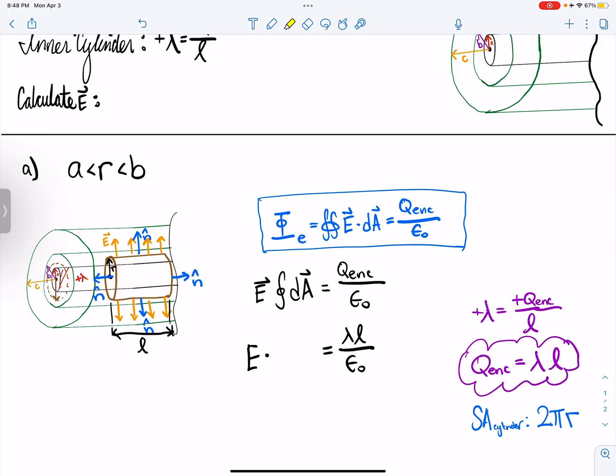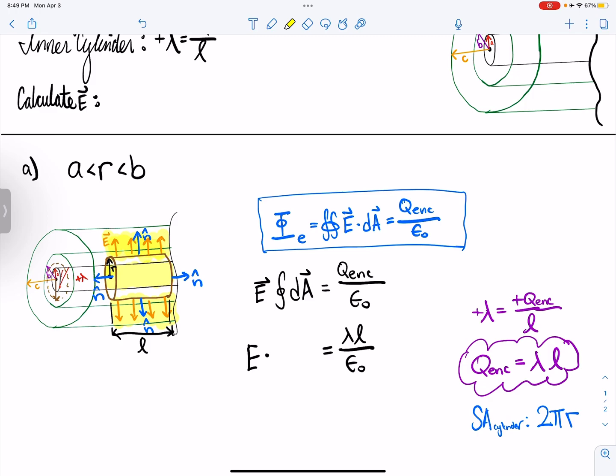As you can see, there's an electric field here and here from the cylinder, because of the positive lambda charge of the inner cylinder that this Gaussian surface encompasses. Because of this part of the inner cylinder that's encompassed by the Gaussian surface, there's a certain electric field that it feels right here.